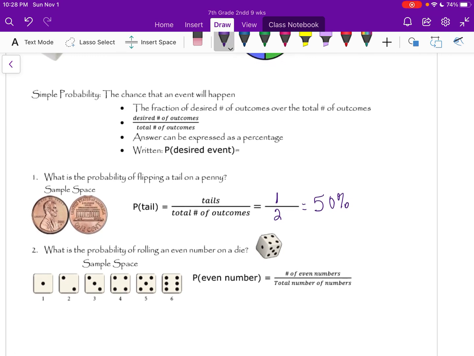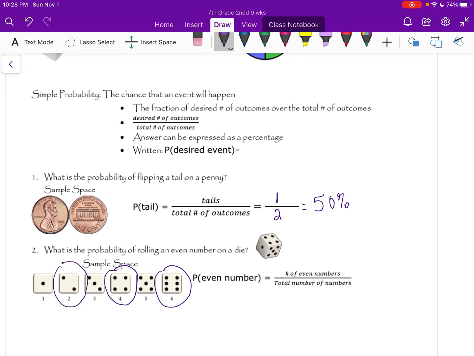So how many even numbers do we have? We have 1, 2, 3. Remember, even numbers have a 2, 4, 6, 8, or 0 in the ones place, and odd numbers have a 1, 3, 5, 7, or 9 in the ones place.